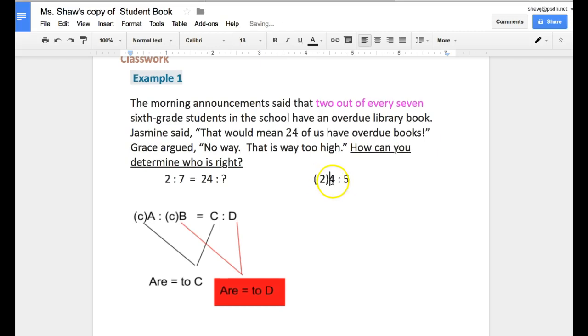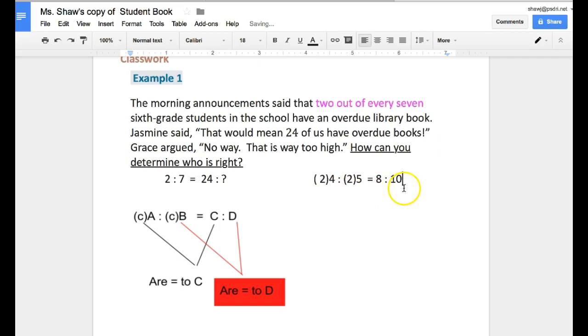We have to multiply 5 by 2 as well, because the lowercase c had to be the same, so it has to be by the same number. So if we did that, then 2 times 4 would equal 8, and 2 times 5 would equal 10.